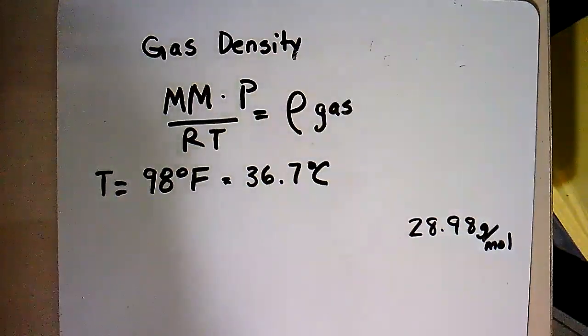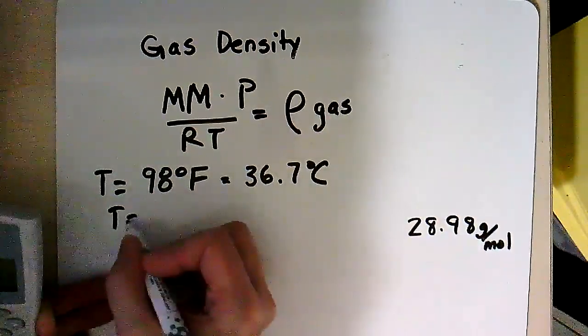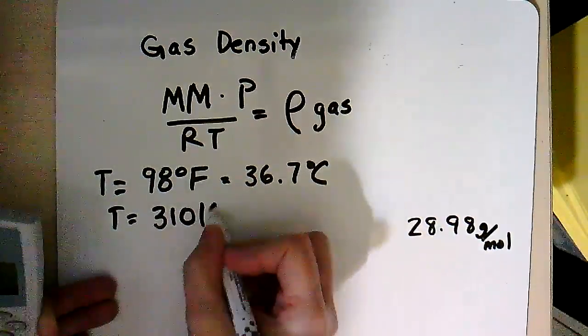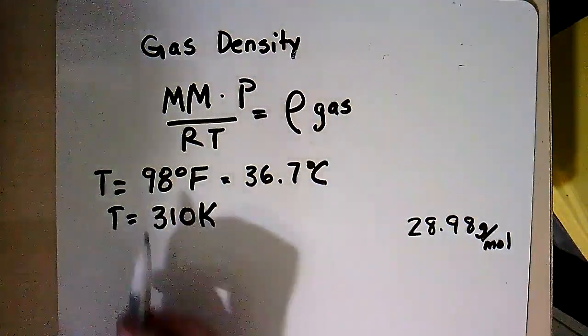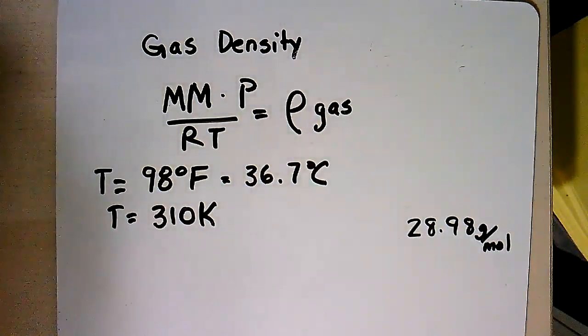And then if we add 273, we end up with 310 Kelvin. All right, so the reason why I started in Fahrenheit is because most of you think of 98 degrees Fahrenheit as a very hot summer day. So let's calculate the density of air.